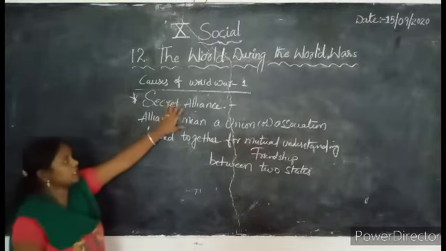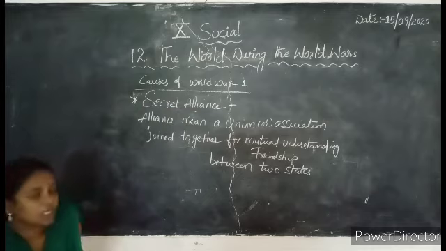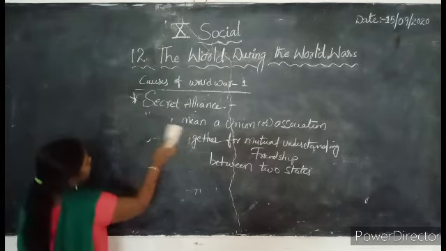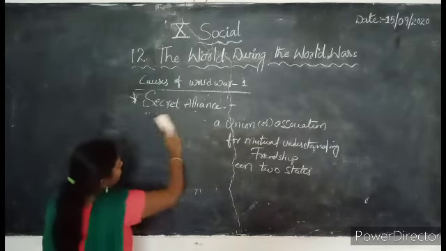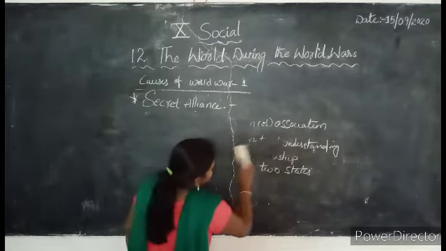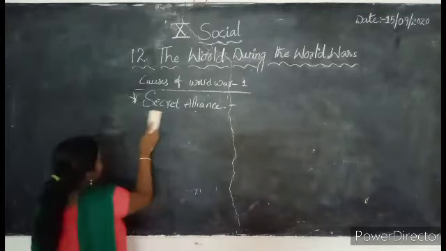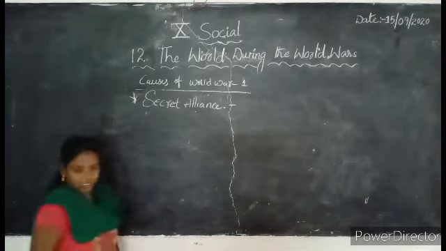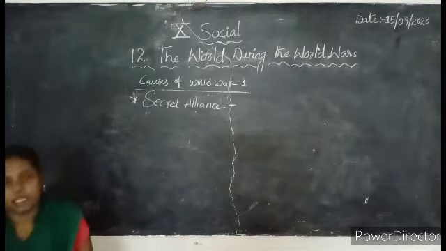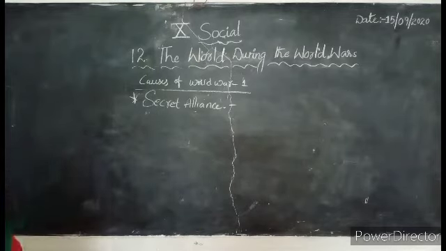So, what about the secret alliance? Already we are saying alliance means mutual understanding or friendship between two states. But they started making friendship with other countries secretly. So two nations or two states joined together to make a friendship secretly.